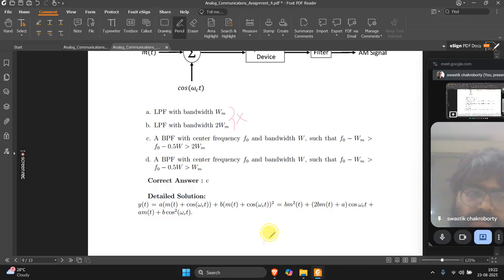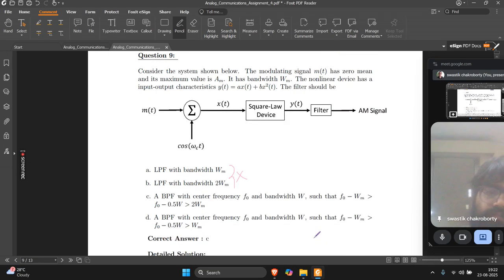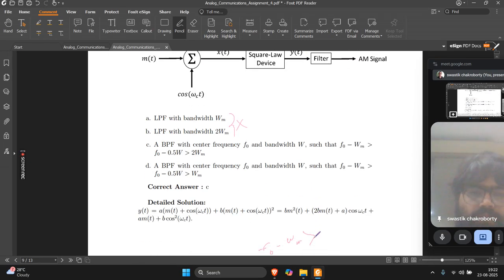So f naught is greater than 3W. We ignore the 2Wm part. The edge should be at 2Wm, so the center will be at 3Wm.